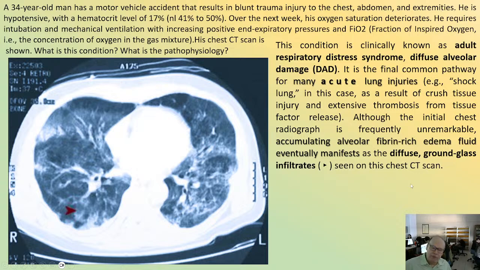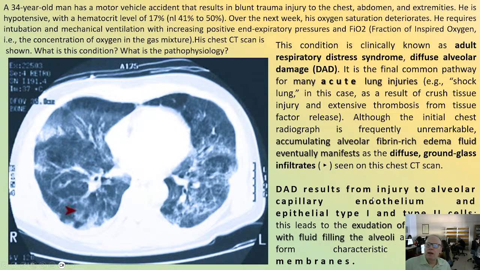And we'll have a look at the histology. And these are diffuse. See how they are dispersed throughout the lung parenchyma. Diffuse ground glass infiltrates. So we have an injury to alveolar capillary endothelium, and both lining epithelia are destroyed, both type 1 and type 2.